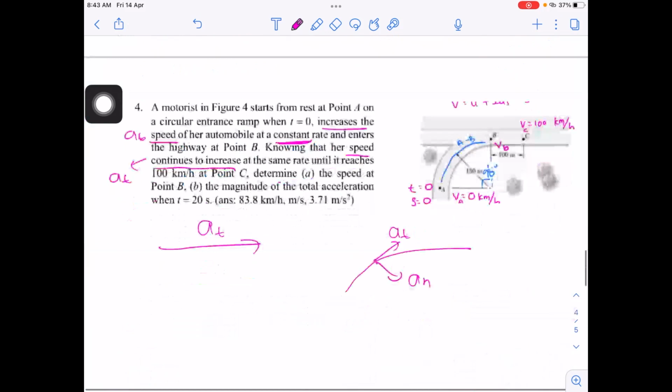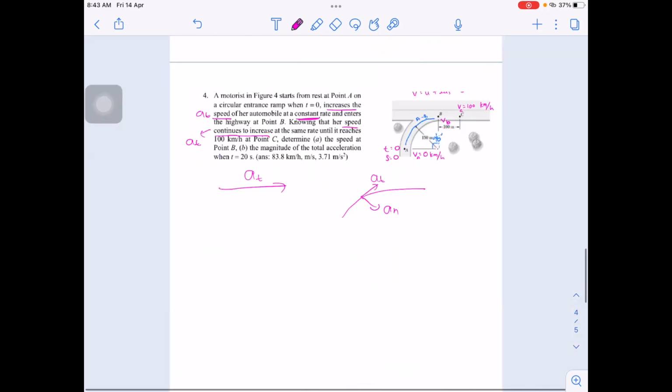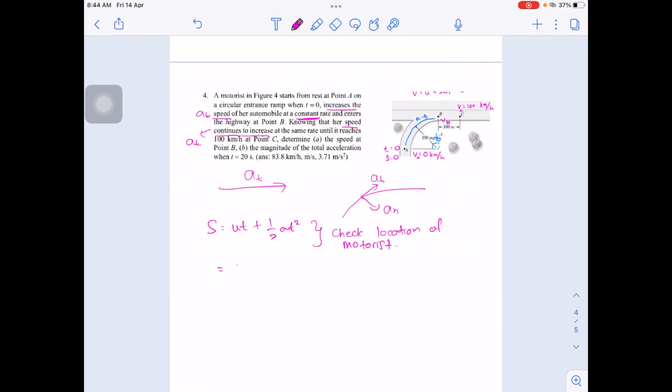S is equals to UT plus half AT squared. So you need to check the location of the motorcycle.